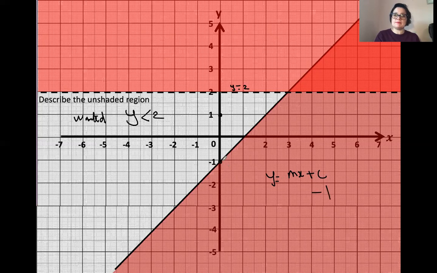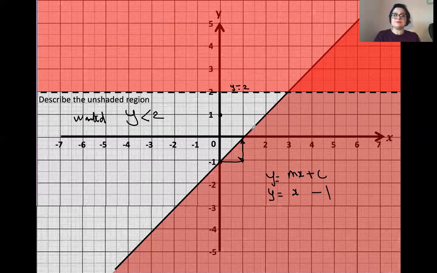If you build the right angle triangle, how much is m? 1 over 1, m is 1. So the equation is going to look like this, y equals x minus 1. Now, we are going to find out if one point on the unshaded area satisfies. Is it going to be bigger than this one or smaller?